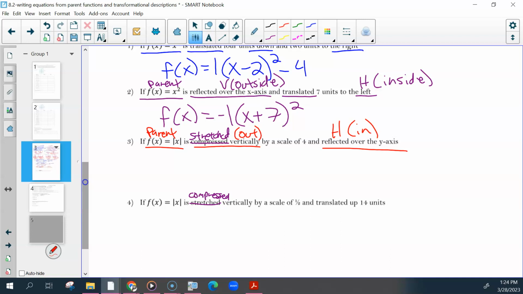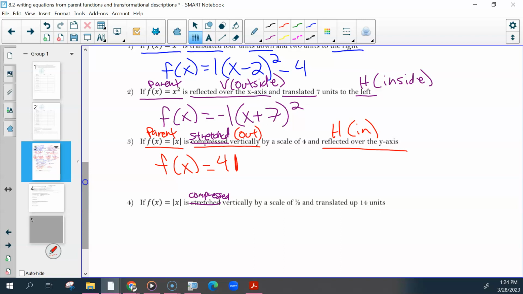So then we can start to write this equation. F of x equals, we have a stretch vertically, so we're going to put that where a is. That is our a value. The horizontal does go inside.